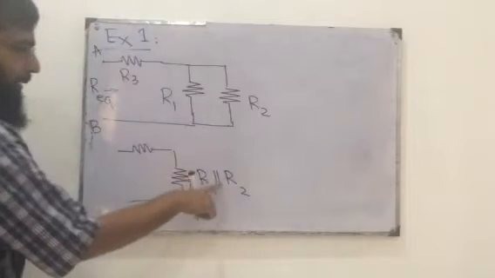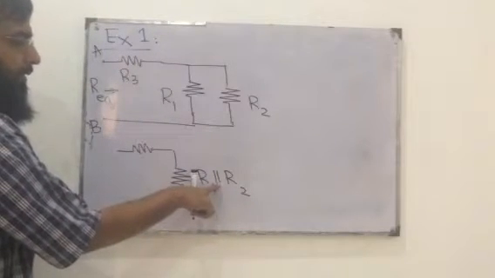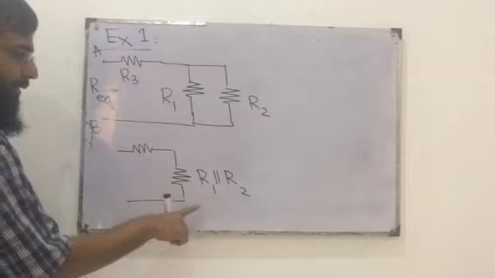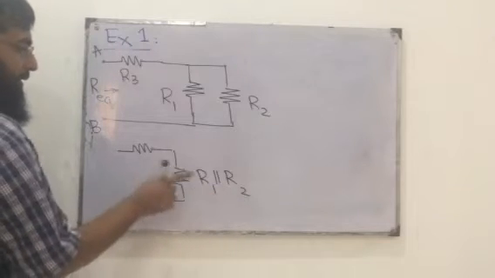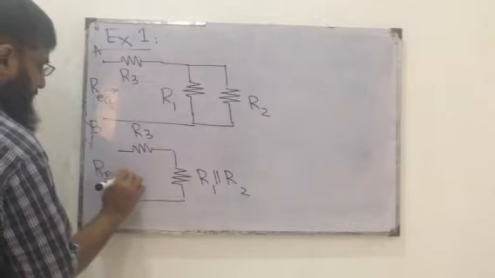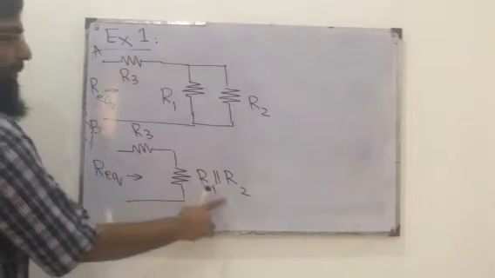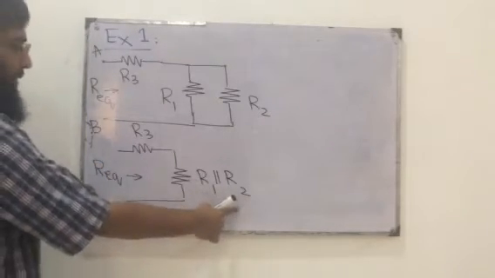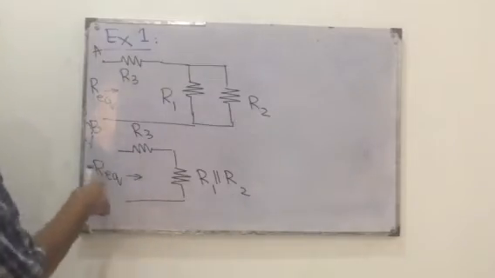In these two pipes, this pipe containing these two vertical lines is a symbol used for parallel connected resistors. R1 pipe R2 means R1 in parallel with R2, then it is in series with R3.